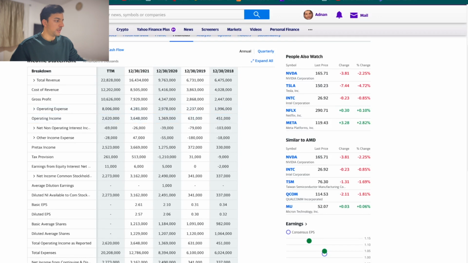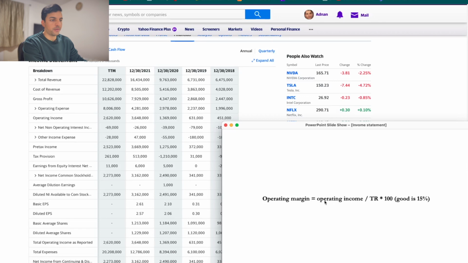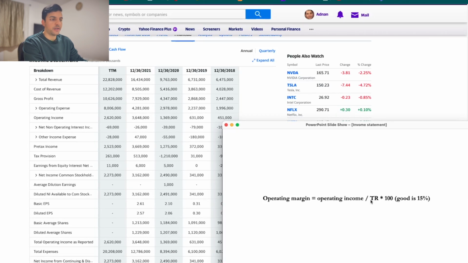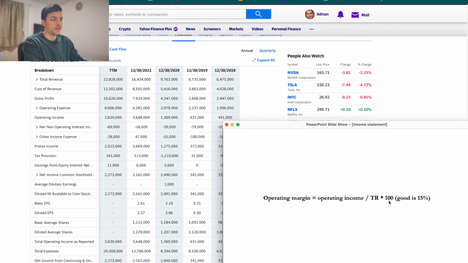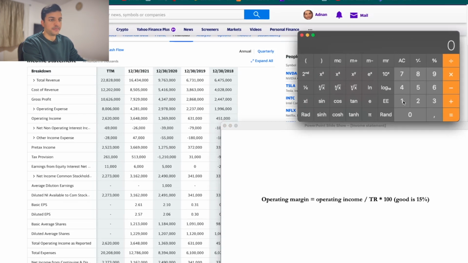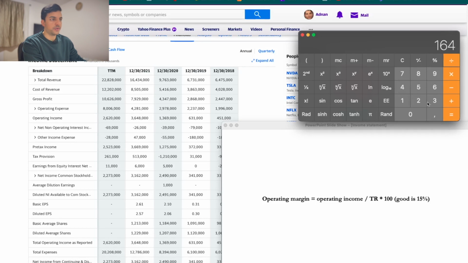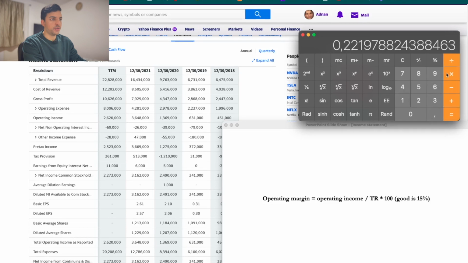In order to get the operating margin, you can use the formula of operating income divided by total revenue, multiplied by 100. So we take the operating income, which is around 3,648, and divide by the total revenue, which is 16,434, and you get 0.22.